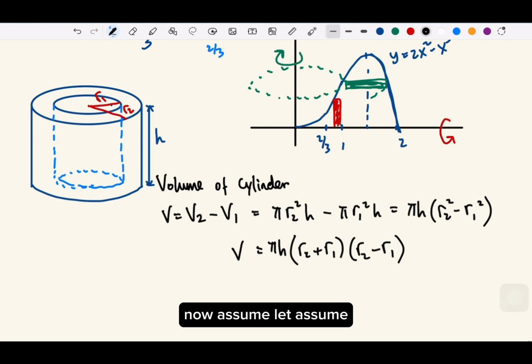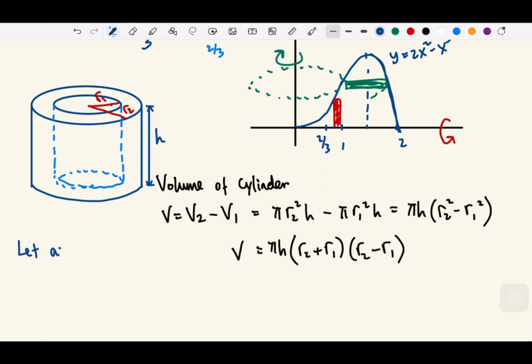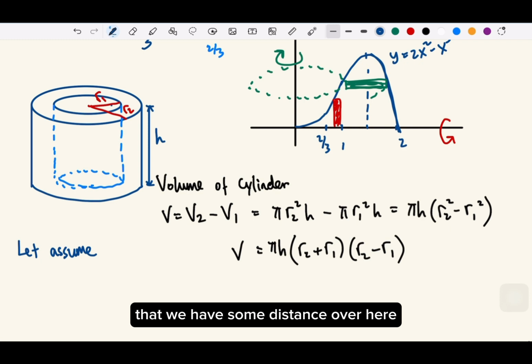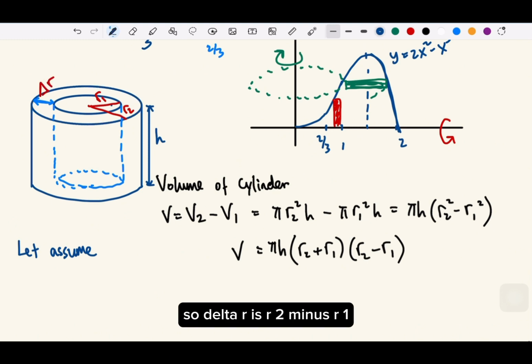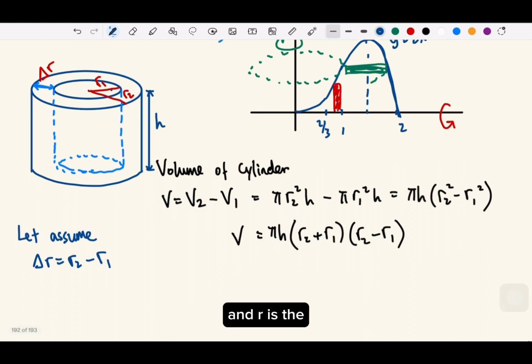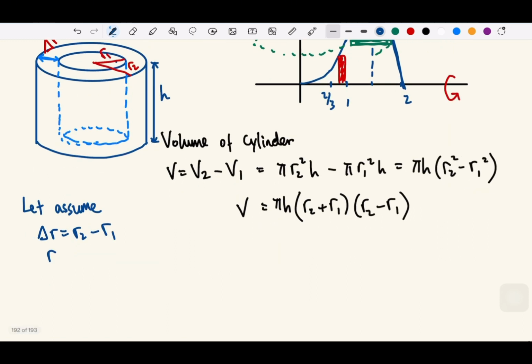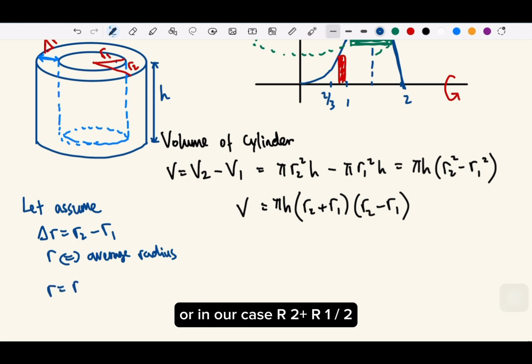Now let's assume that we have some distance over here, this one here, that we call, this is R2 minus R1, which is the delta R. So delta R is R2 minus R1, and R is the average radius, or in our case R2 plus R1 divided by 2.